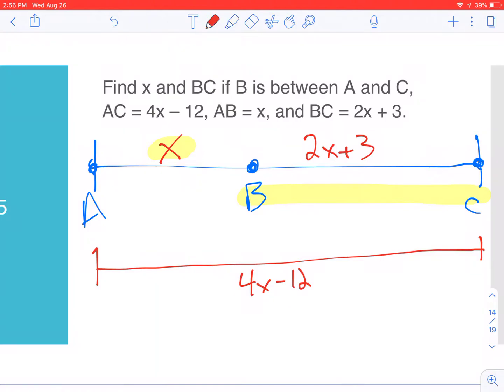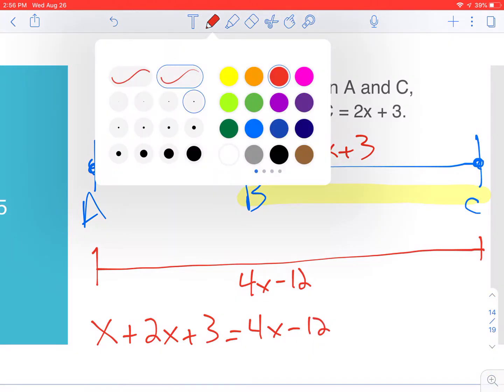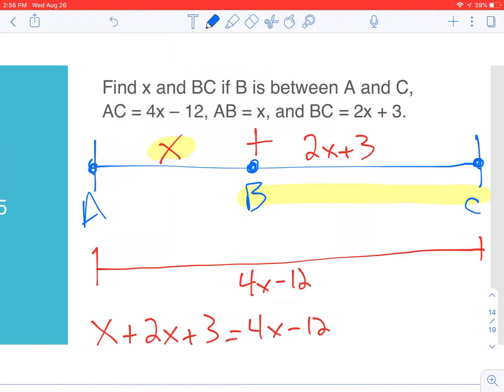So what do we do? Once again, it's an addition. If you write out the picture, it always ends up to be an addition problem. x plus 2x plus 3 equals 4x minus 12. What do we have to do always before we subtract from both sides? We must combine like terms.